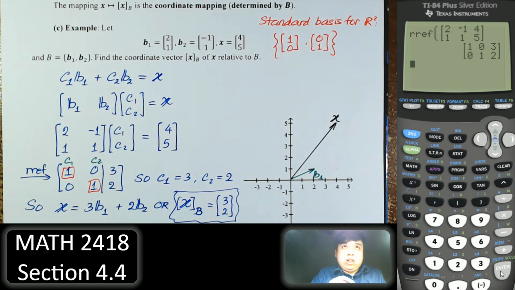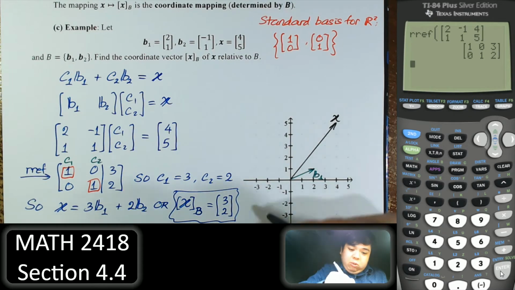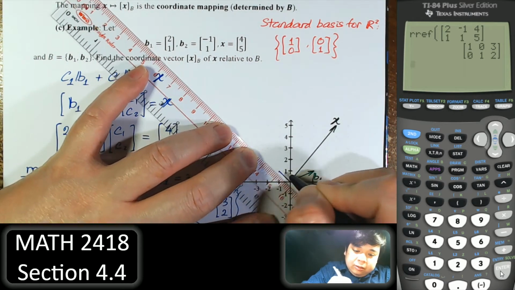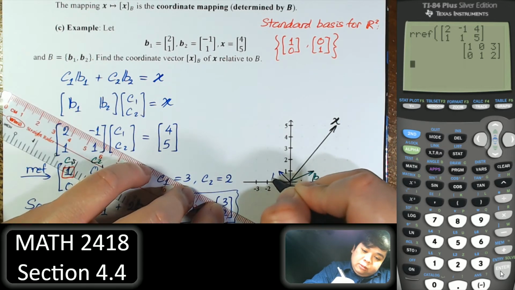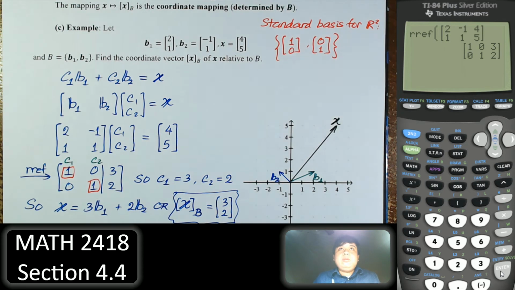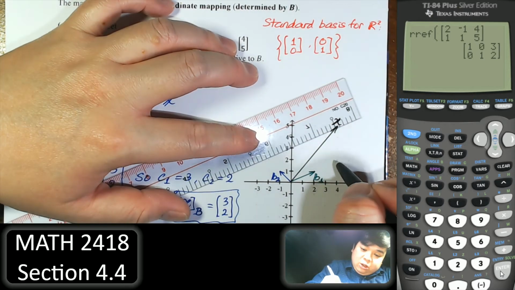And the vector b2 is negative 1 and 1. Now, according to the B coordinate system, we're going to have 3 times b1, so we're going to multiply that 3 times.